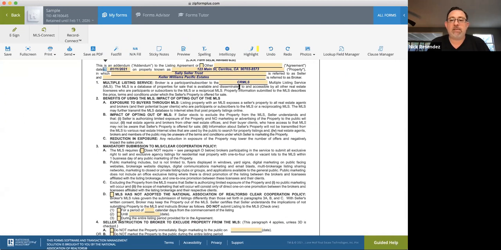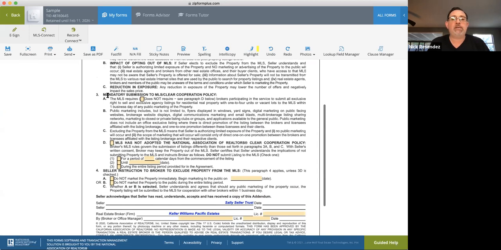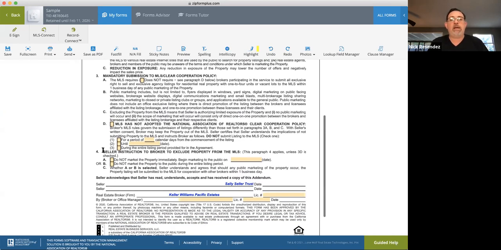Number 1, it's declaring again who the CRMLS is, that is our primary MLS. Number 2, it reiterates the benefits of using the MLS and what would happen if you opt out. Number 3, it talks about the mandatory submission to MLS and the clear cooperation policy. All the things that we have looked at already. And number 4 is our instruction.